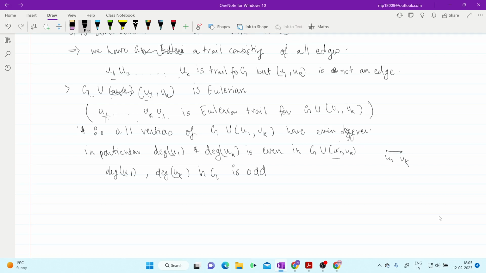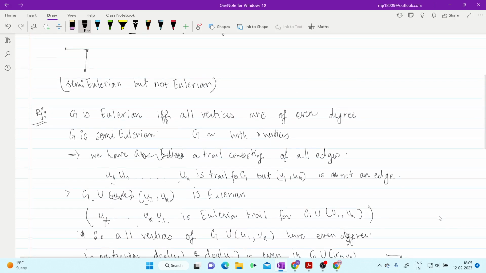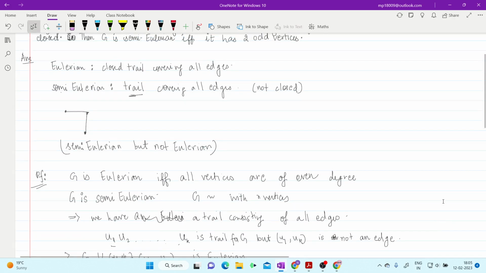So in the original graph G they have odd degree, and all other vertices' degrees remain unchanged. So we see that a semi-Eulerian graph has exactly two vertices of odd degree.